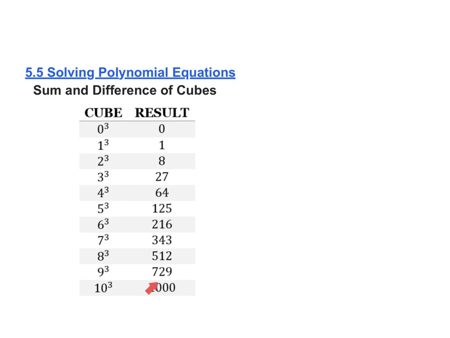And I want you to be able to start recognizing when you see a perfect cube. You've gotten pretty good at recognizing when you see a perfect square. Now we start being able to get good at recognizing perfect cubes. And so these are the perfect cubes.